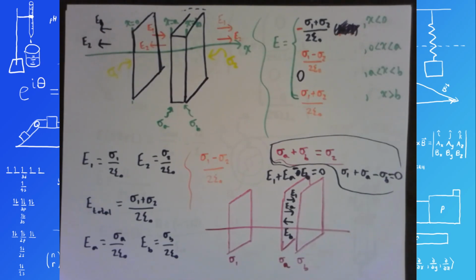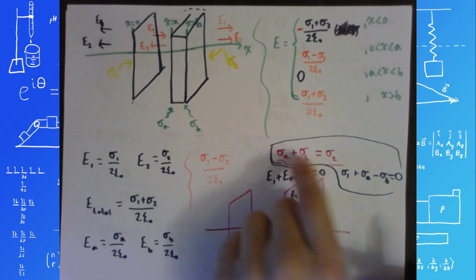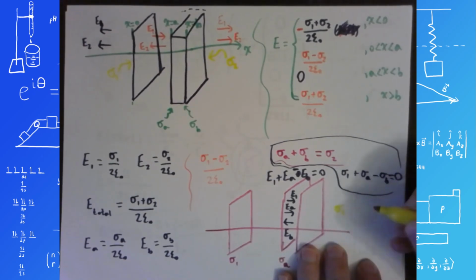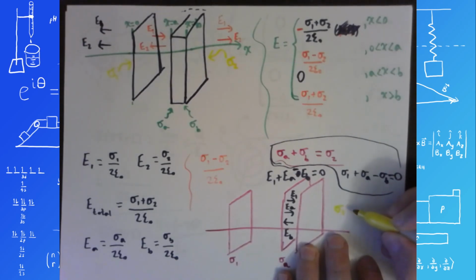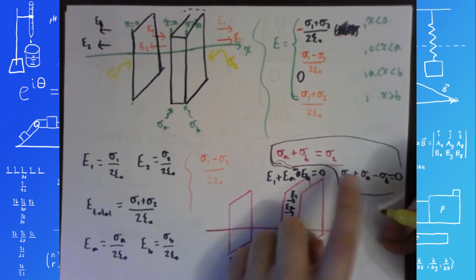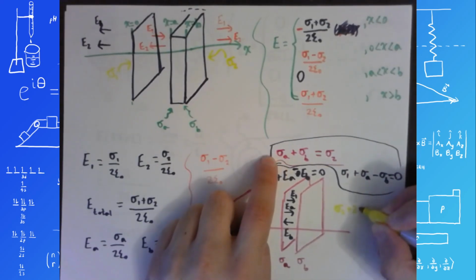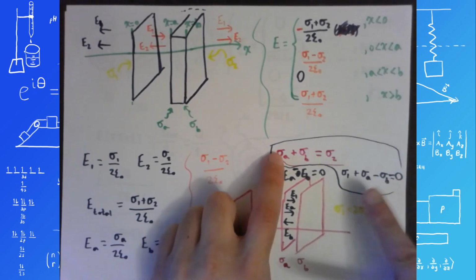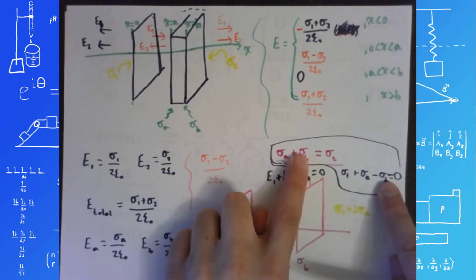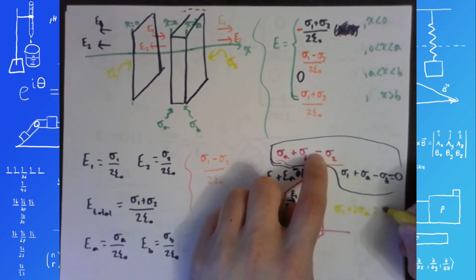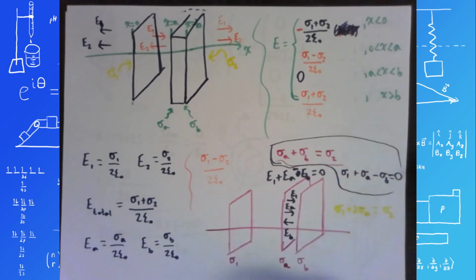If I simply add the top equation to the bottom equation, then I will have sigma 1 plus 2 sigma A, and then sigma B and minus sigma B cancel out, and then sigma 2 plus 0, so equals sigma 2.